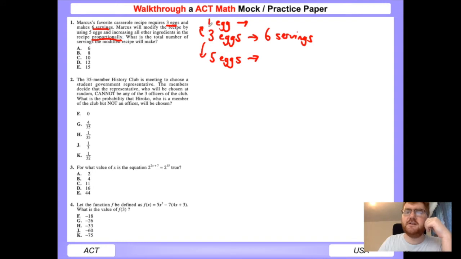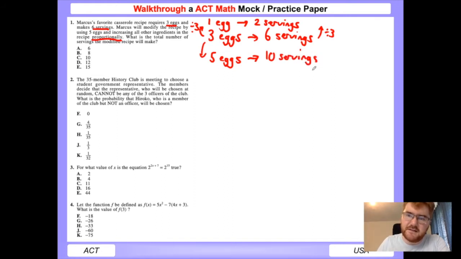So what do we do to 3 to get to 1? Well, we divide by 3 and we do the same to both sides. So 1 egg works for 2 servings, and therefore if 1 egg is for 2 servings, 5 eggs is then for 10 servings because we times by 5. So our answer here is going to be C. That's going to be 10 here.